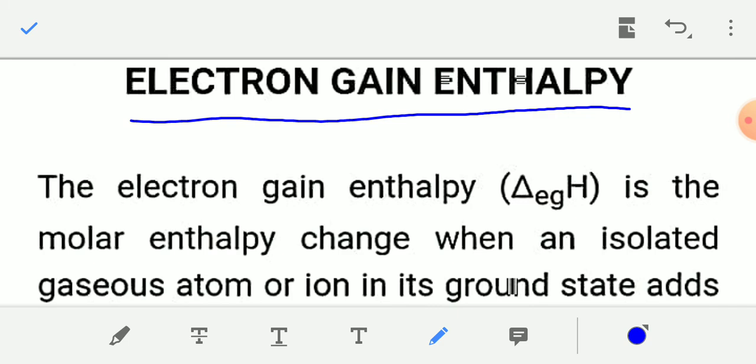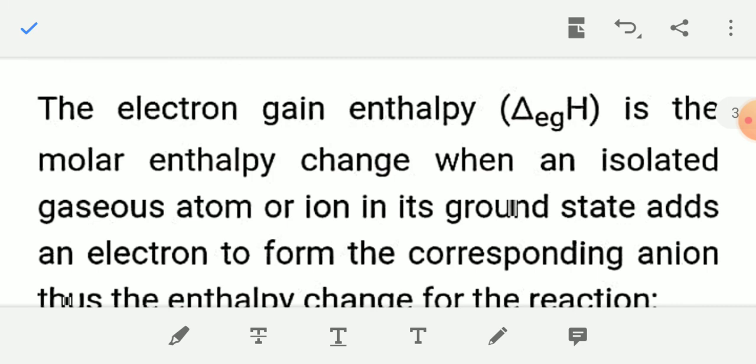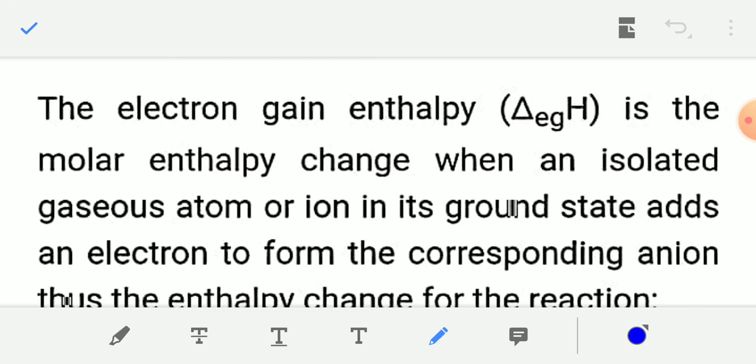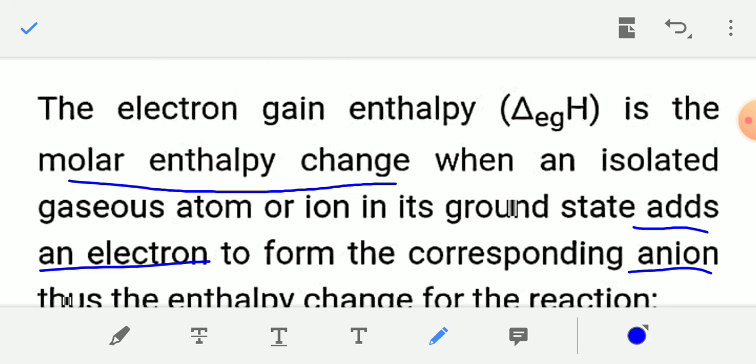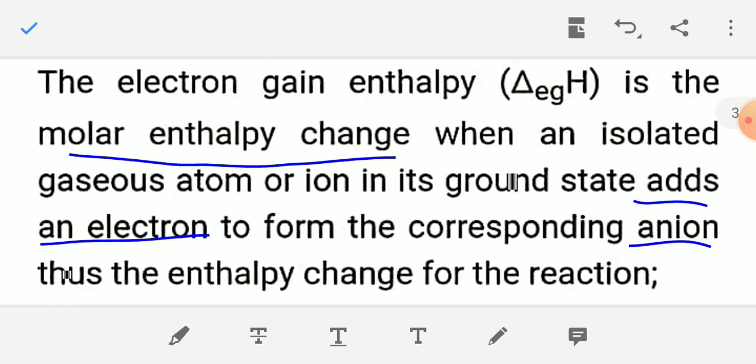Electron gain enthalpy is the molar enthalpy change, represented as delta H, or you can also write electron gain enthalpy as delta H eg. It is the molar enthalpy change when an isolated gaseous atom or ion in its ground state adds an electron to form the corresponding anion.